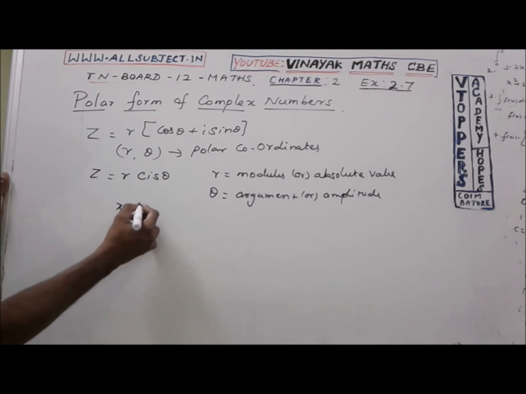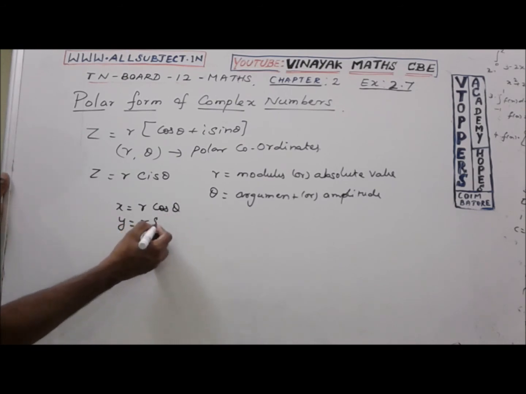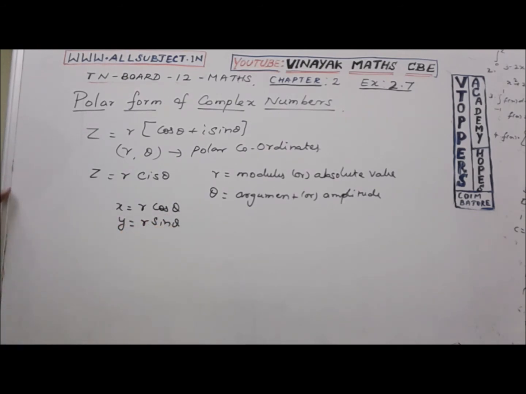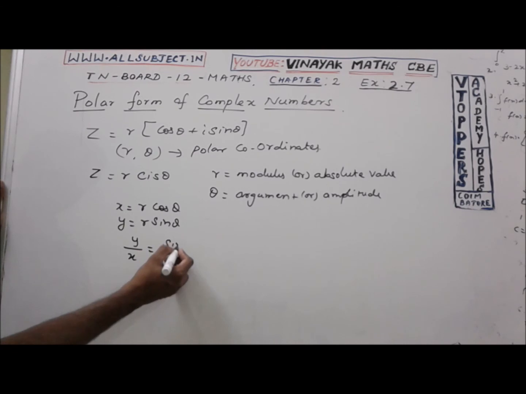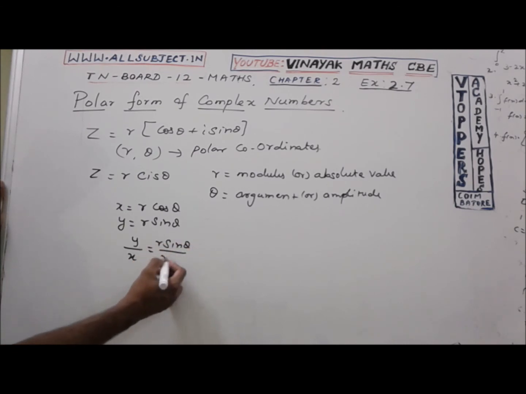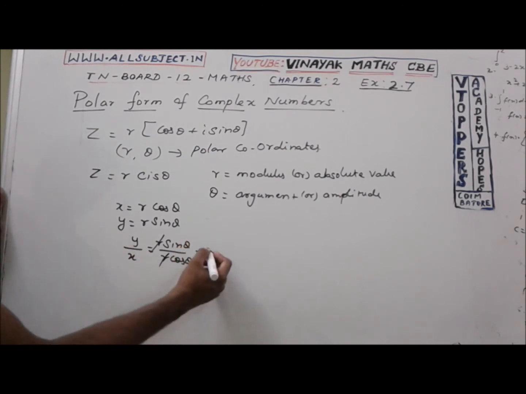x is equal to r cos theta and y equals r sin theta. When we divide y by x, it is equal to r sin theta by r cos theta, which implies y by x is equal to tan theta.